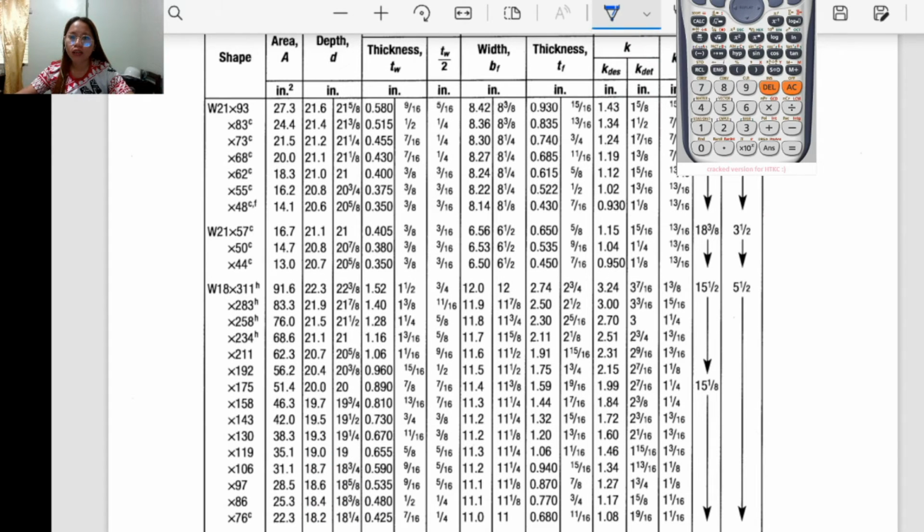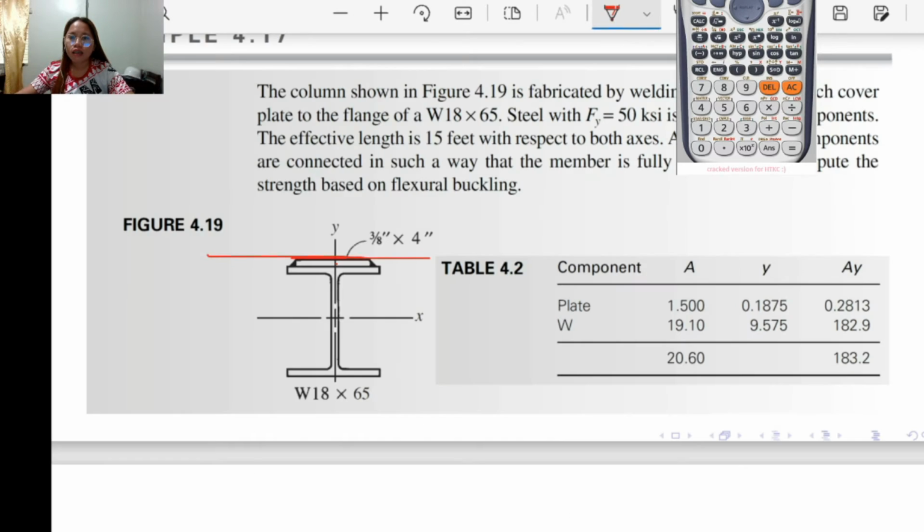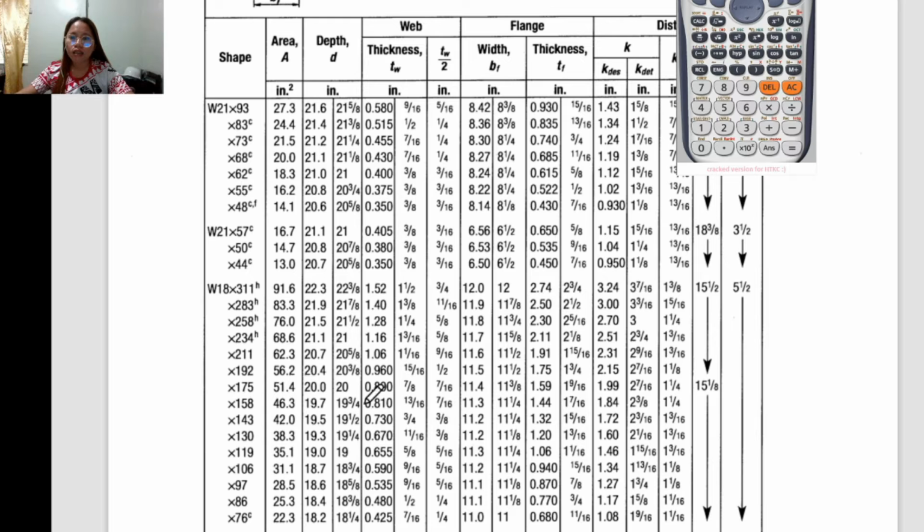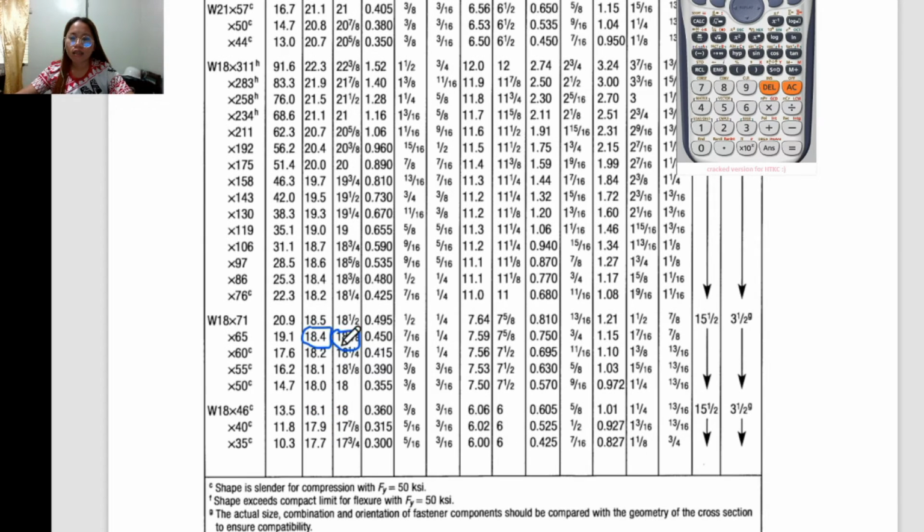So it is half of the depth plus this 3/8. Or we can use 18.38. Actually it is the same, just rounded. It is rounded to 18 and 3/8.